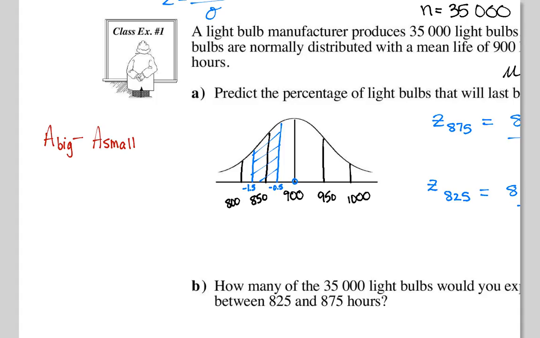The one that has more area would be, well, the negative 1.5 is only this much. Okay, so area big comes from the z-score for negative 0.5, and you're going to take away the z-score for negative 1.5. So using your chart, find the areas for those z-scores, please. And then call them out when you get them.